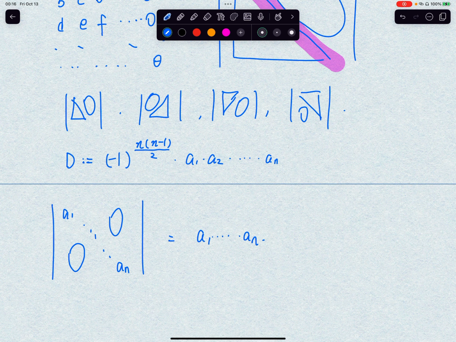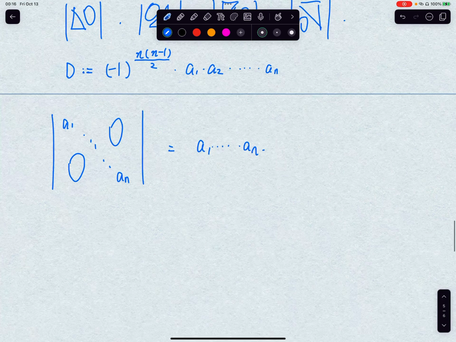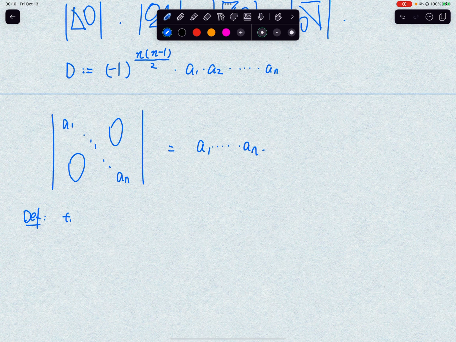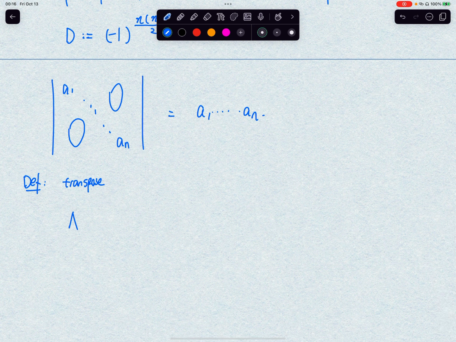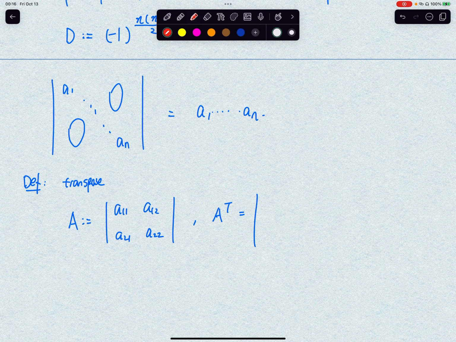And now we shall talk about the properties of the determinant. And before that, we need one key terminology called the transpose of the matrix. So the transpose, for example, A is defined by A11, A12, A21, A22. The transpose of A equals, by moving the first row to the first column, that is A11, A21, and by moving the second row to the second column, so that is A12 and A22.